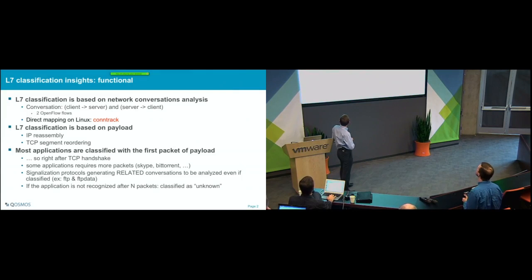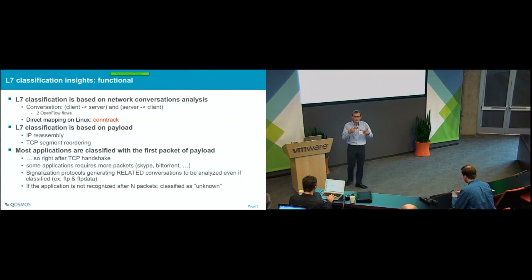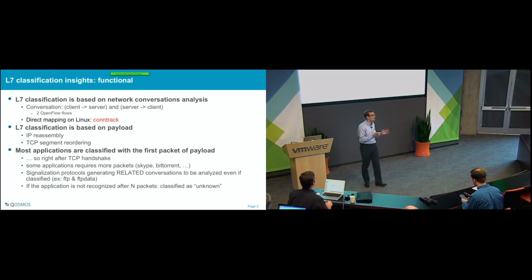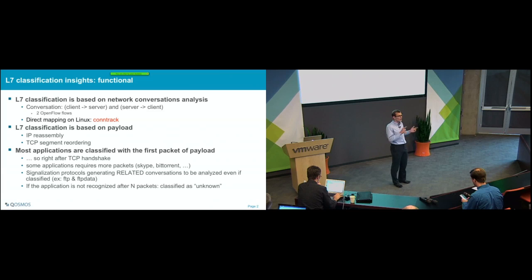Layer 7 classification is based on two OpenFlow flows: client to server and server to client. Basically, I want to recognize what is transported in this flow regardless of layer 4 and lower information. Some protocols are recognized on the client to server payload, some on the reverse payload, and some on a mix of both.